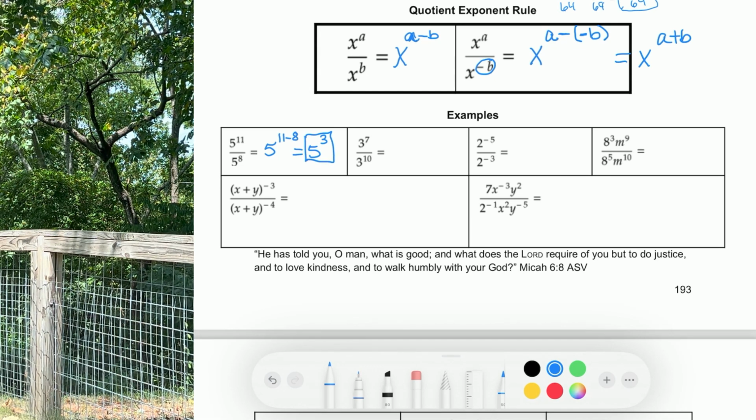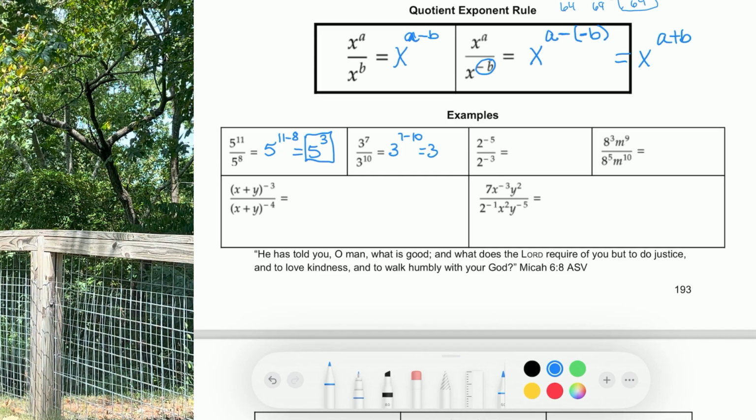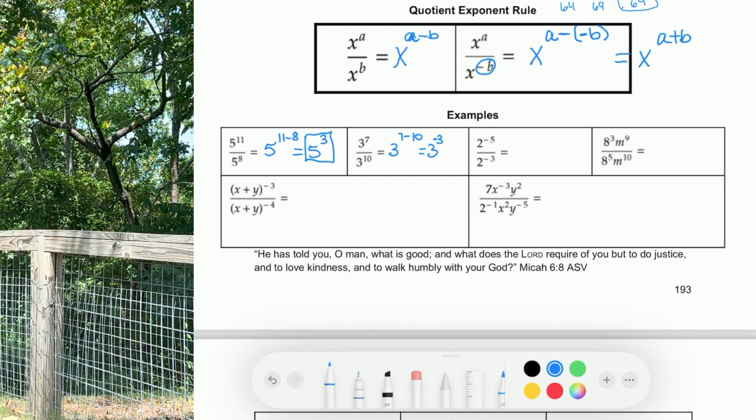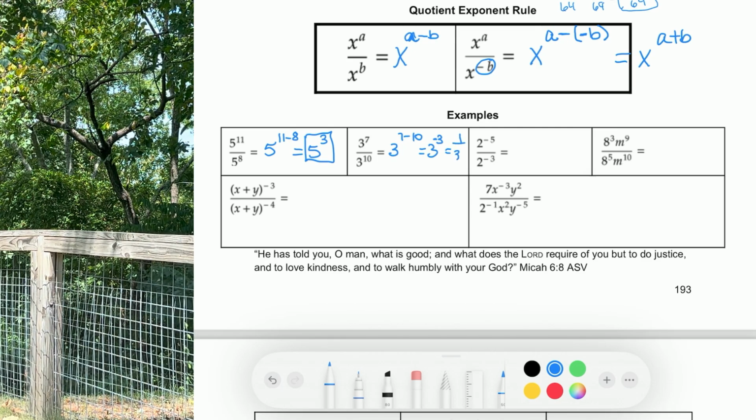The next one has the base of 3, and our exponents are 7 minus 10. I get 3 to the negative 3rd power. Can't leave it like that because I can't stop with a negative exponent. I need to use my previous rule and flip it to its reciprocal. So 1 over 3 to the 3rd power, it becomes positive.